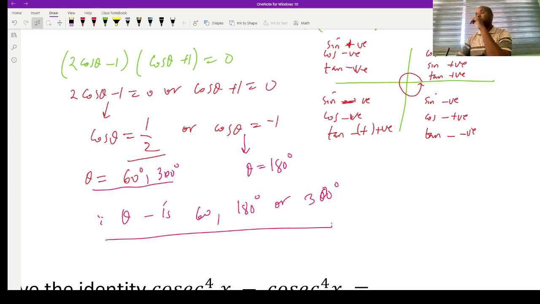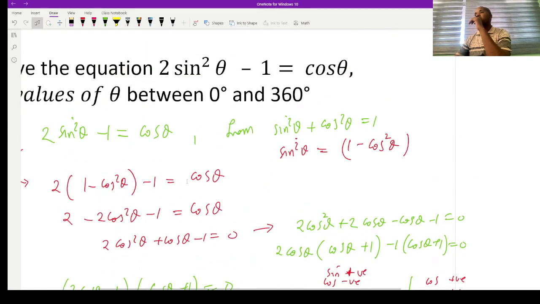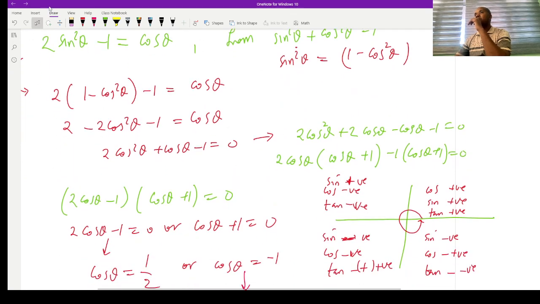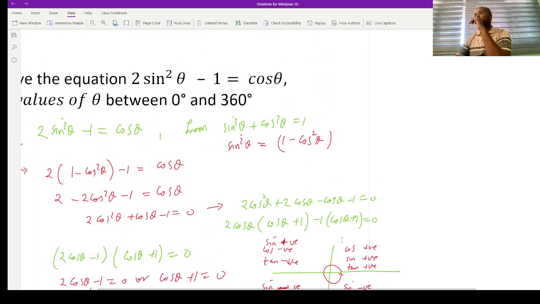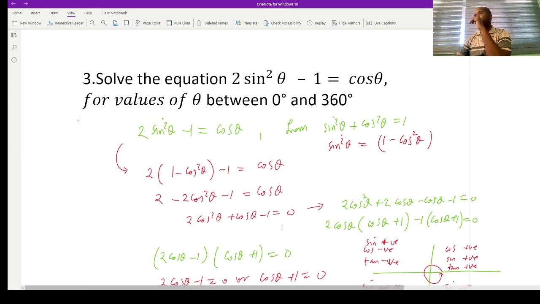So that is the solution for this question here, question number 3.